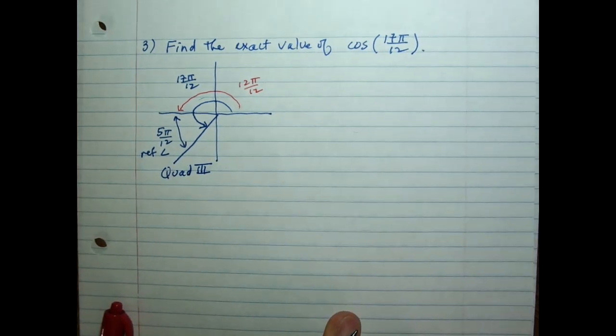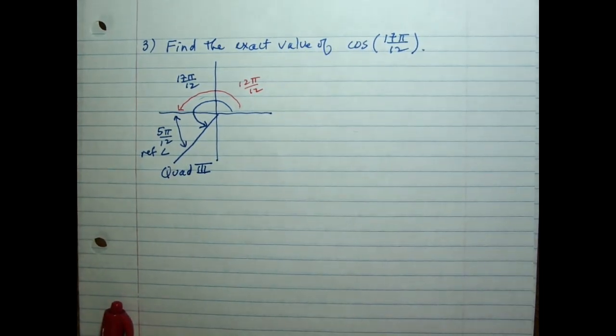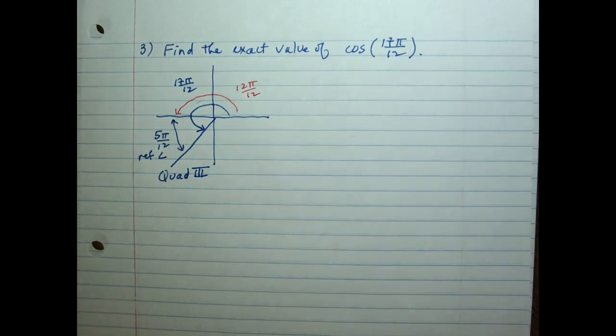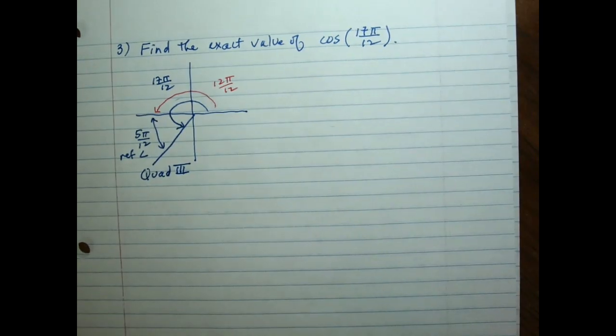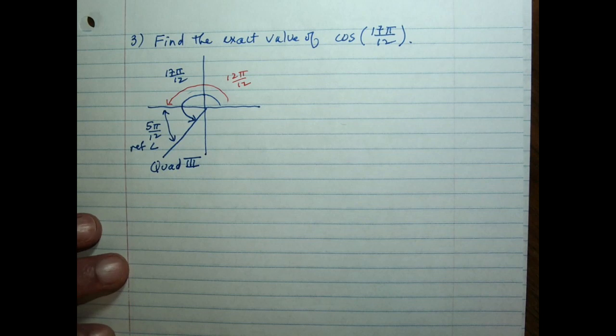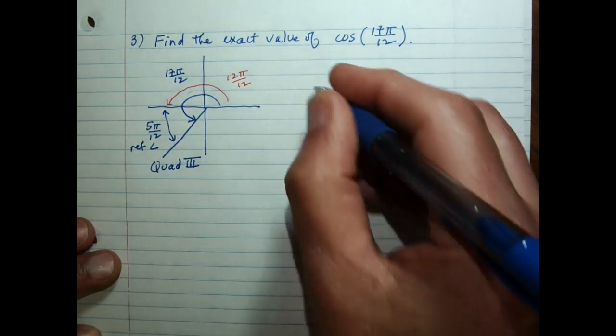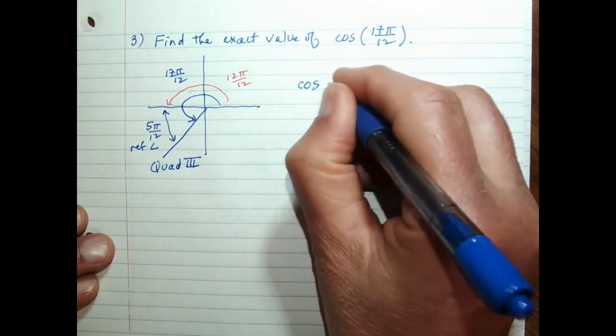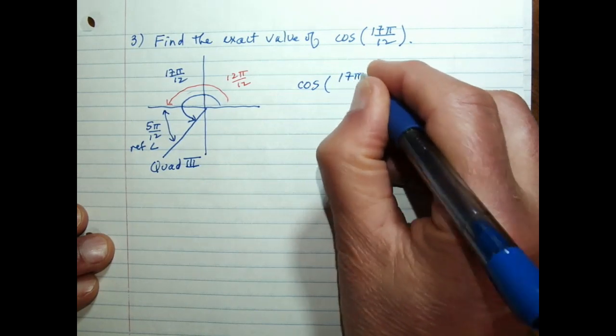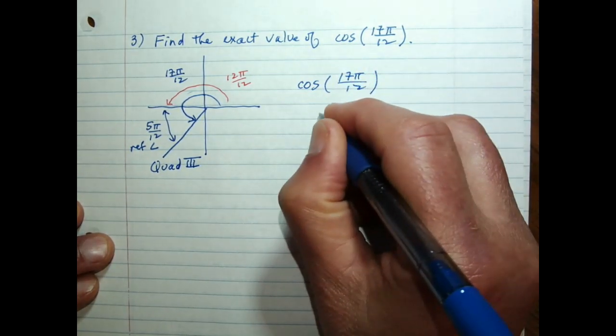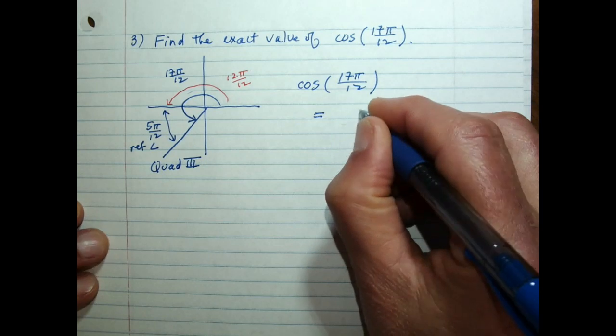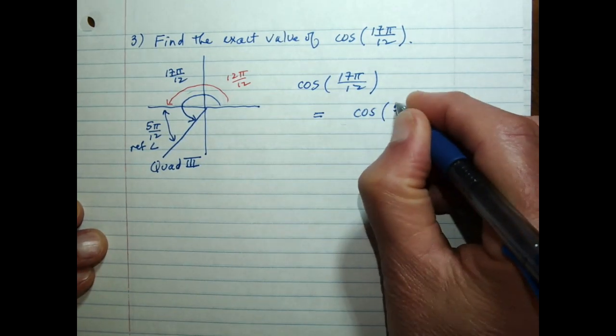So what I'm going to do is part of our old-fashioned analysis before we go ahead and apply one of these identities. What I can say is cosine of 17 pi over 12 is related to cosine of the reference angle, cosine of 5 pi over 12.